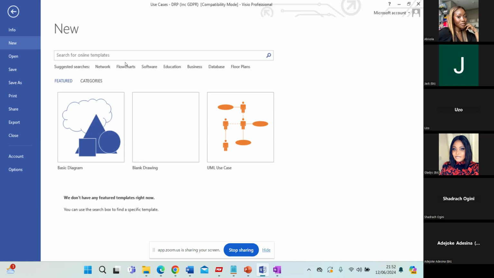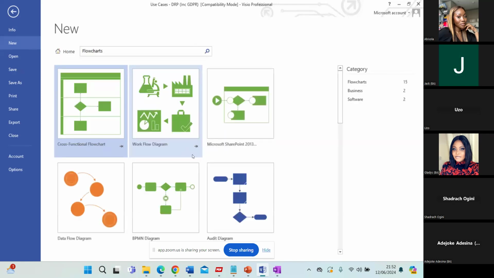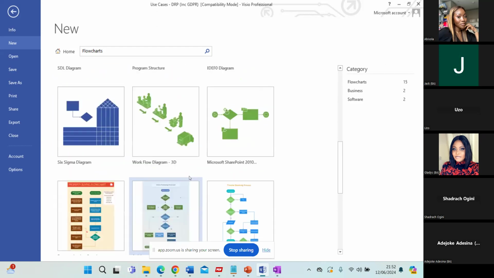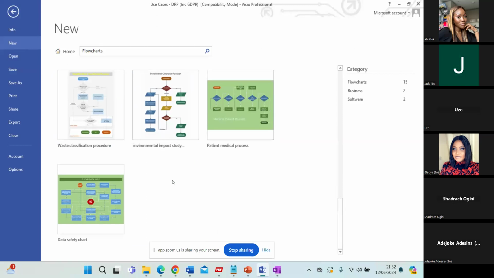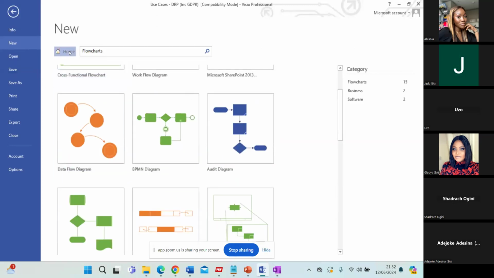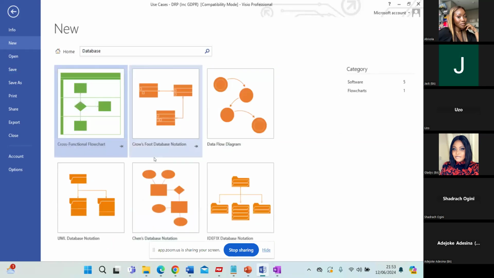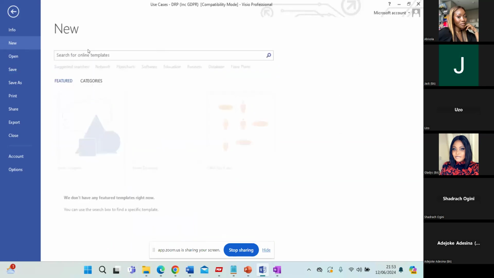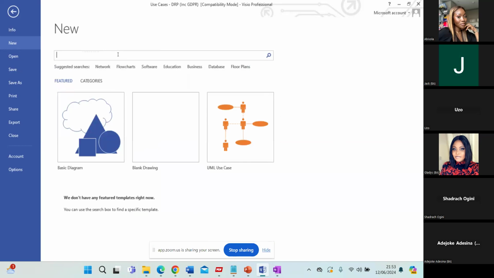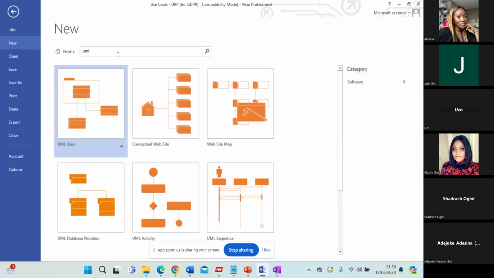I usually go to flowcharts because that's what I use most of the time. On that flowchart, you already have your cross-functional flowchart. It has all these templates, and these are just the basic ones it gives you. And if you're working on a database, it has loads of templates for you. Like I said, it's already pulled out UML for me, but let's say I want UML templates.